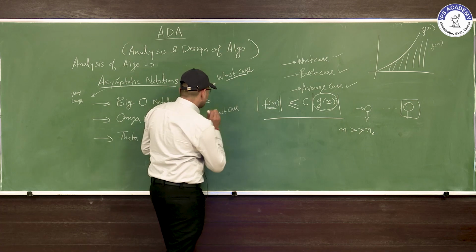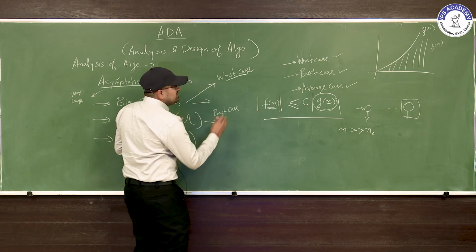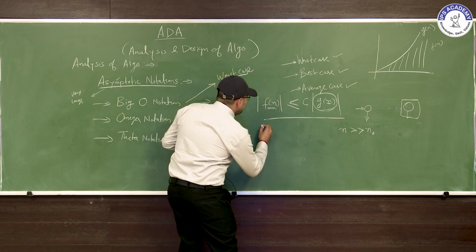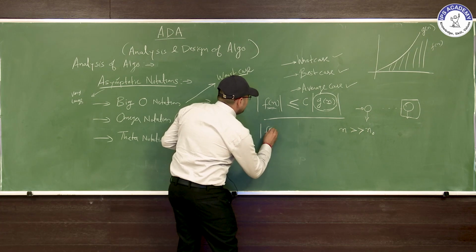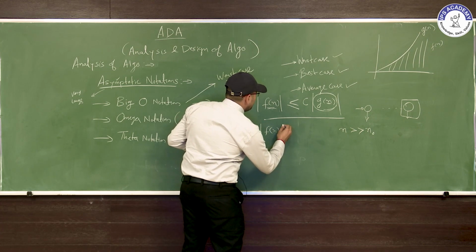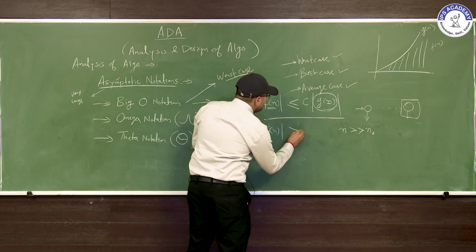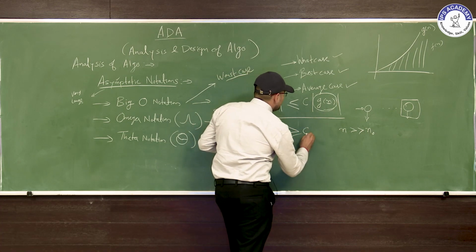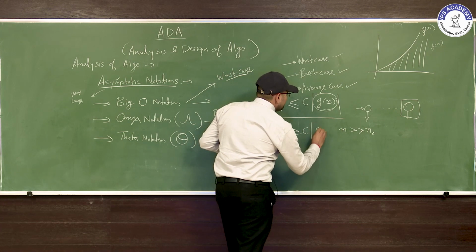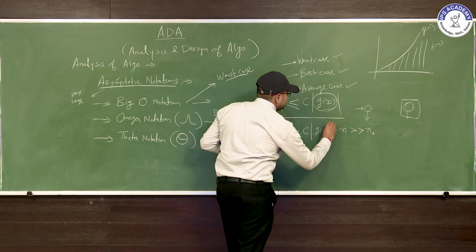Right? So in case of best case, the inequality would be just a reverse of it. That is, the magnitude of f of n would be greater than or equal to some constant c times the magnitude of g of n.